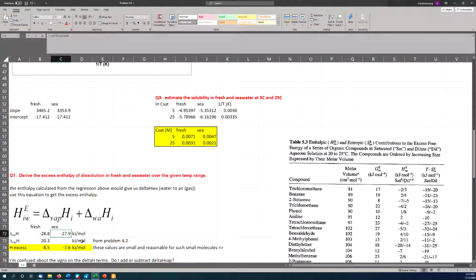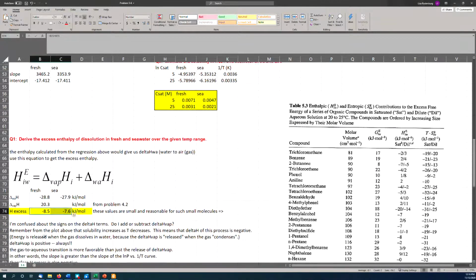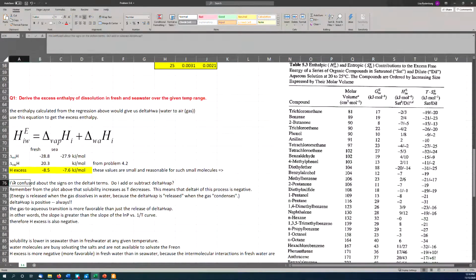Okay, so now my question is, what is delta H excess, this HE excess term? This is where it's very easy to get confused about the signs. I have some text here, and I'll try to explain this in words. Do you add or subtract delta H of vaporization from this number?